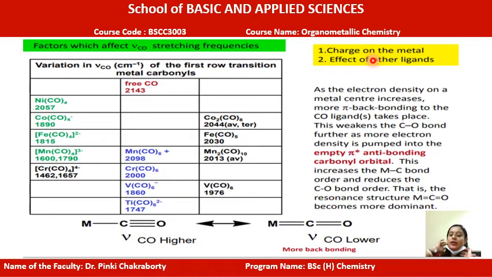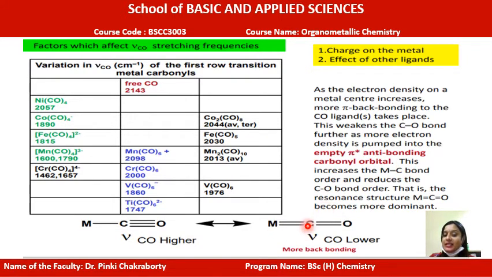Why? Because whenever the electron density on the metal increases, what will happen? The metal will have more tendency to donate its electrons for pi back bonding, that is the second type of bonding, into the vacant pi star antibonding carbonyl orbital. If this back donation happens, what will happen?